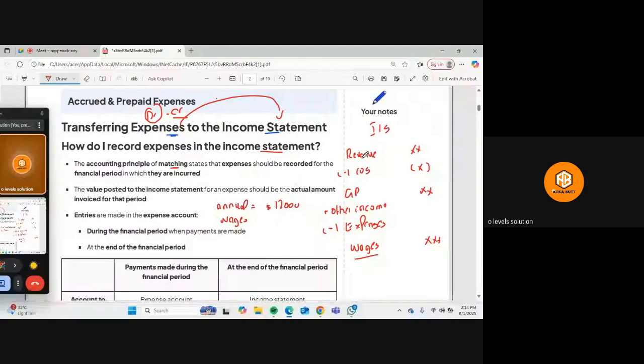The wages I provided to my workers, which is $12,000, helped me to earn this revenue. If I wouldn't have given any wages to my workers, how would they work for me? They would not, so how would I produce the product, sell it, and earn this revenue?